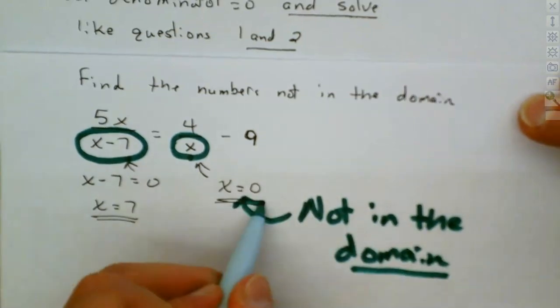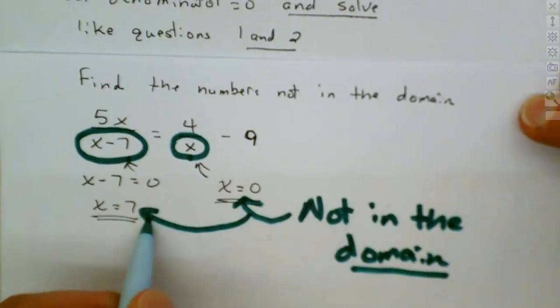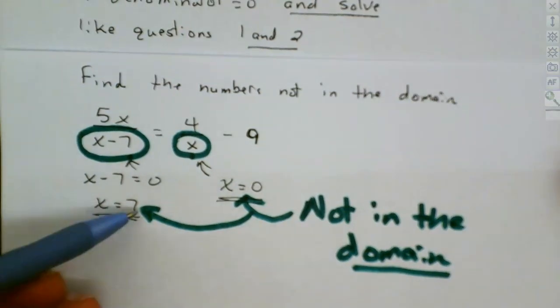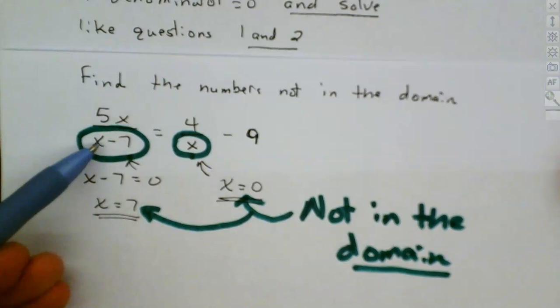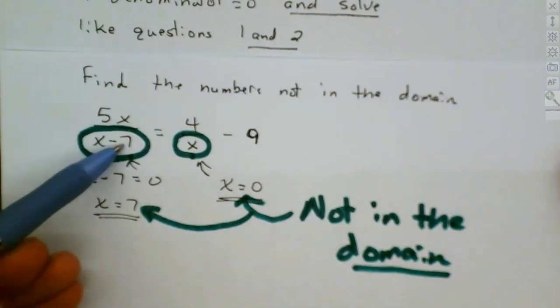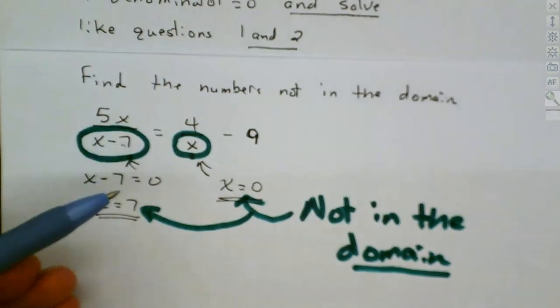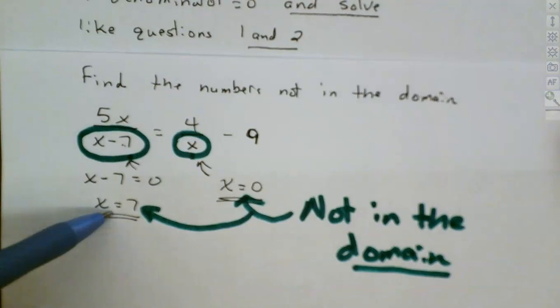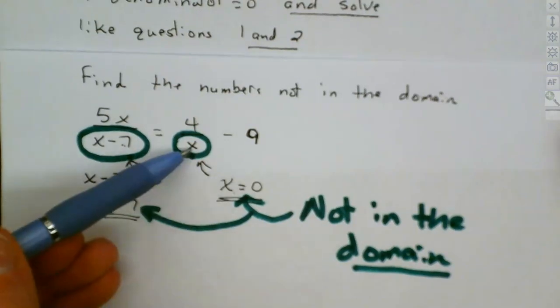Now, why are these two numbers not in the domain? Well, 7 is not in the domain because if I plug in 7, that gives me 7 minus 7, which is 0 down below. Can you ever take a number and divide it by 0? No. So that's why 7 doesn't work. And why does x equals 0 not work?